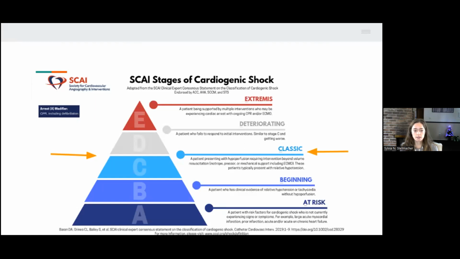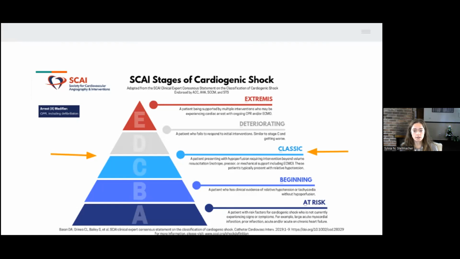We often see patients at the A stage, which is considered the at-risk stage, when patients might be having heart failure, they might be in the early stages of becoming cold in the B stage, showing stages of hypoperfusion with elevated lactates. But when patients are becoming refractory to our usual interventions in the C stage is when you should consider VA-ECMO or other support devices.